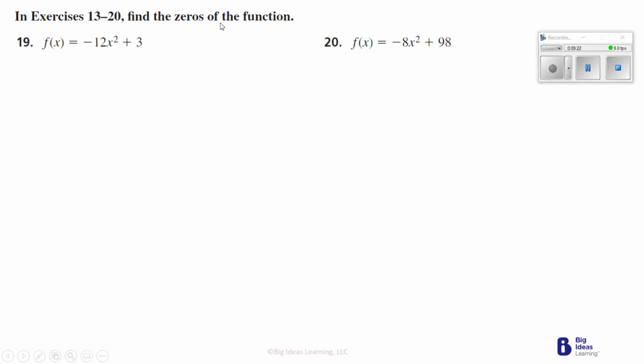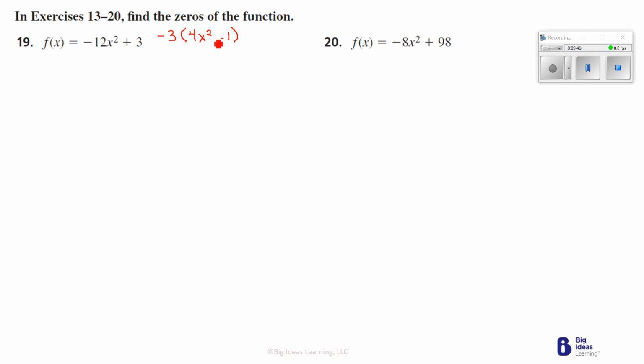Number 19, once again, we're going to factor these out. The greatest common factor here is 3, actually negative 3, so I'm going to factor out negative 3. That's going to leave me a positive 4x squared. And then a negative times a negative will give me a positive, so this will be 1.